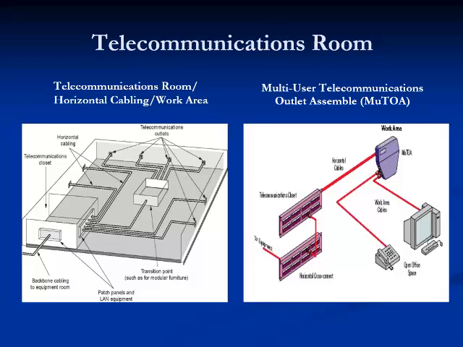A transition point is where one type of cable connects to another, such as a multi-user telecommunication outlet assembly, or MUTOA. A transition point can also be a point where cabling is distributed out to modular furniture. Note that a star topology is required for horizontal cabling subsystems.